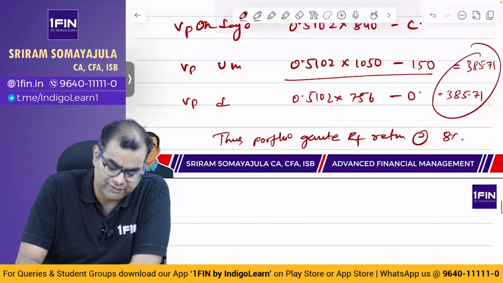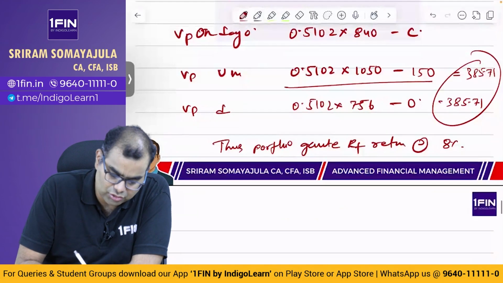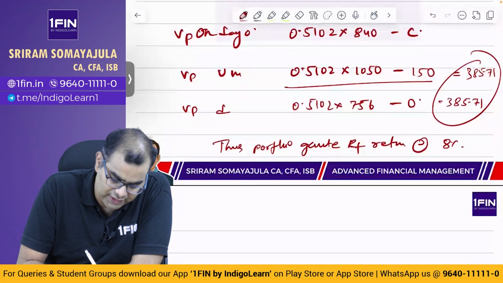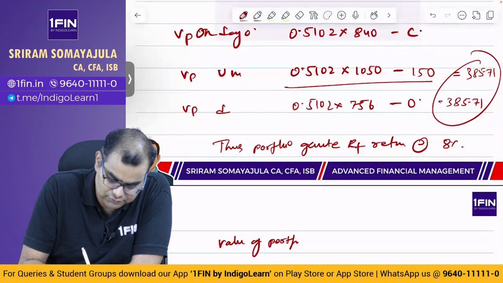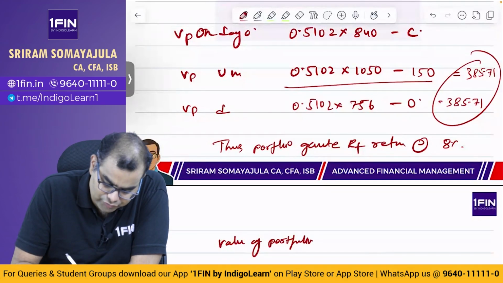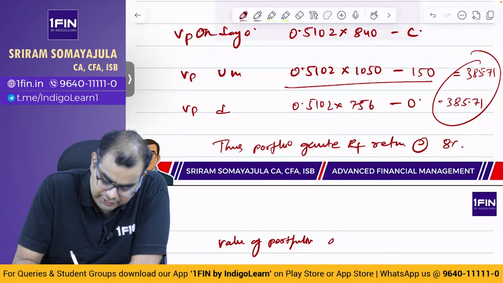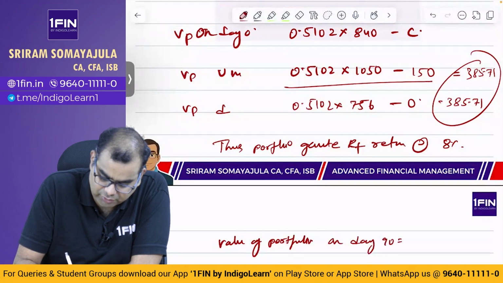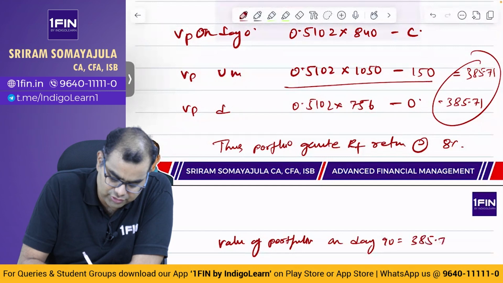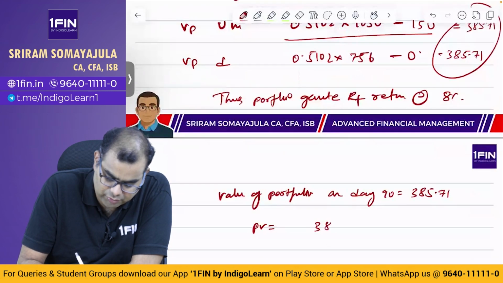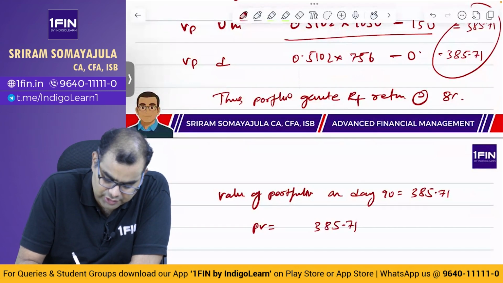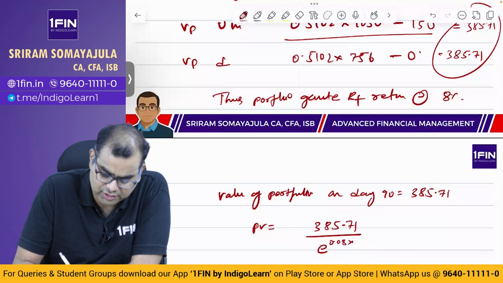Now they have given the e power RT value. We will come to that. So what is the value of the portfolio on day 90? It is 385.71. Present value is equal to 385.71 divided by e power 0.08 into 3 by 12, that is 0.02.